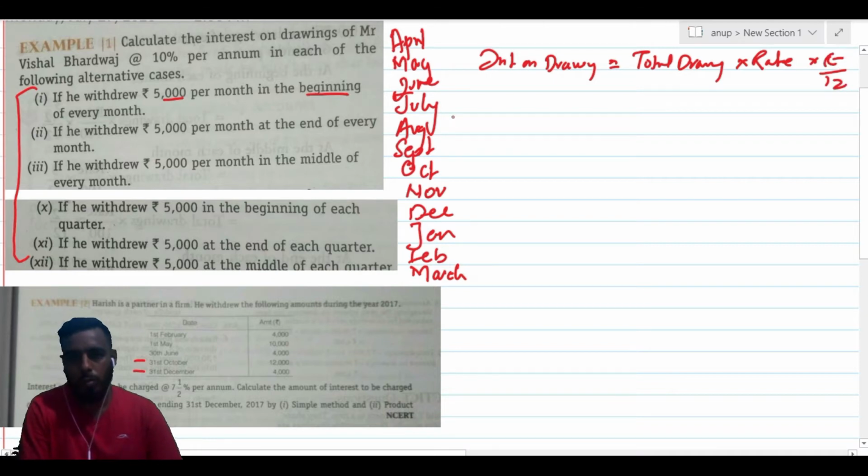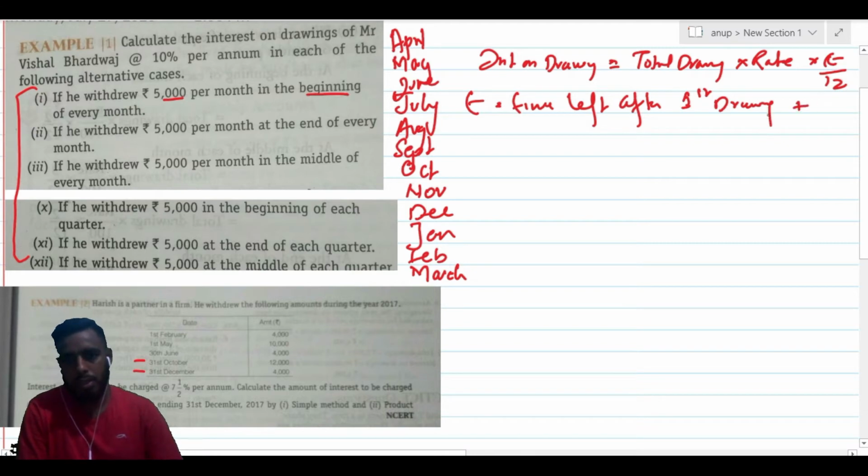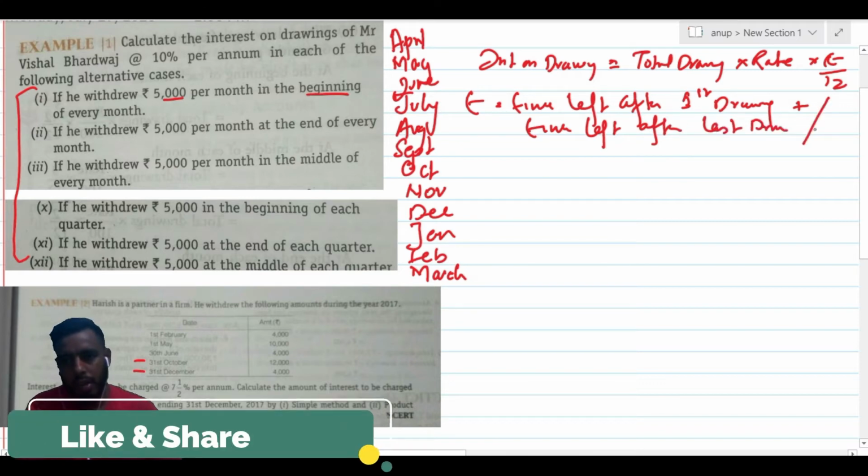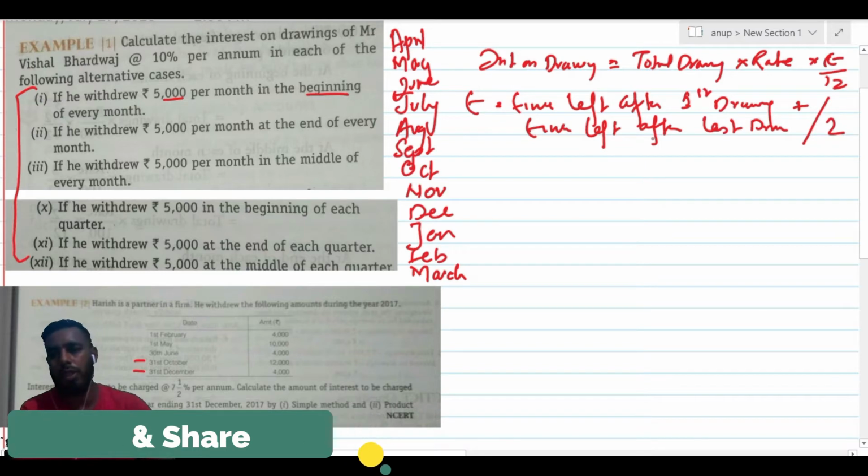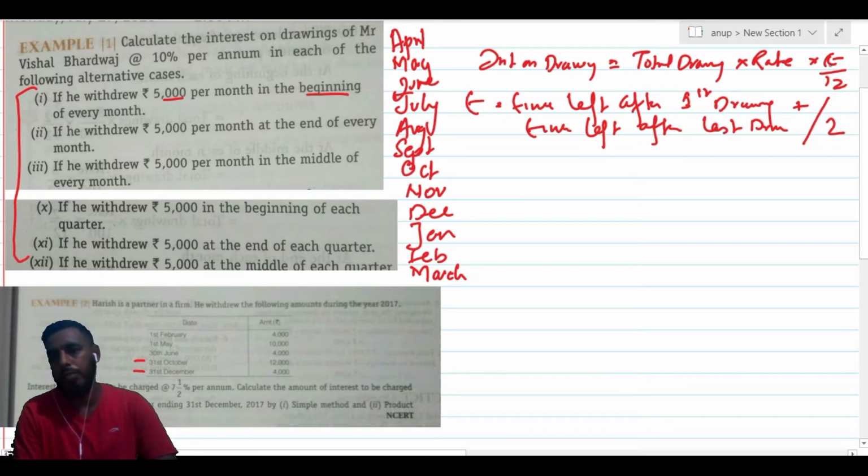The formula for finding t is time left after first drawing plus time left after last drawing, divided by 2. So this is the formula of t. Whatever t we get, we put it over here, and then we put the rate and total drawing, and we get the interest.